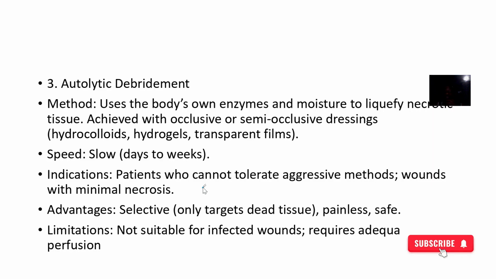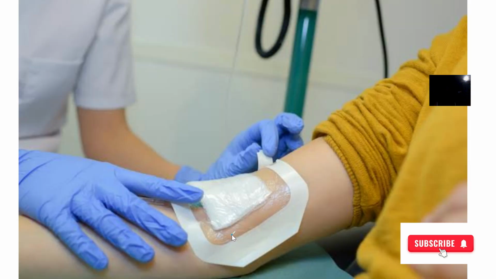Then for the autolytic debridement, you are using the body's own enzymes to liquefy the necrotic tissues. You achieve it with occlusive or semi-occlusive dressings. It's slow, and you use it when patients cannot tolerate aggressive methods, or the wound has minimal necrosis, so you don't need to employ other crazy methods. It's not suitable for infected wounds and requires adequate perfusion.